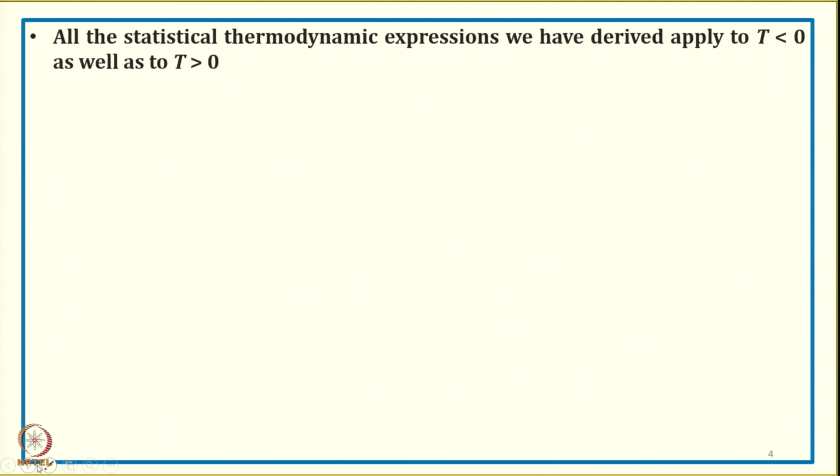What is the meaning of this comment? We have derived by now quite a few thermodynamic expressions in a statistical connection. We derived the partition function, the expression for internal energy, and the expression for entropy, and in each case we were able to connect these thermodynamic quantities or the partition function with temperature, and nowhere did we mention that the temperature has to be positive or negative.